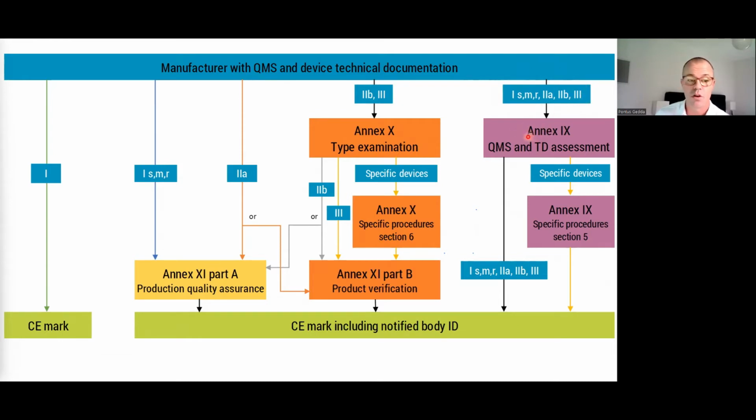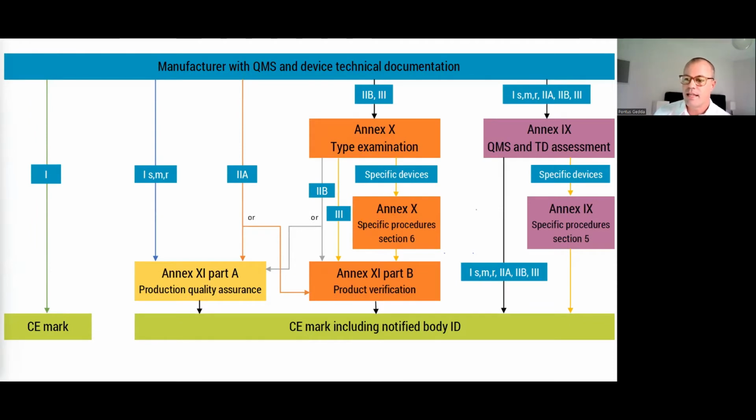That's why it's most common. But if you have 2A or 1 SMR, that is sterile, measuring or reusable surgical instruments, then you can also use some parts of Annex 11. I have posted this picture on LinkedIn on my profile if you want to use it for future references.